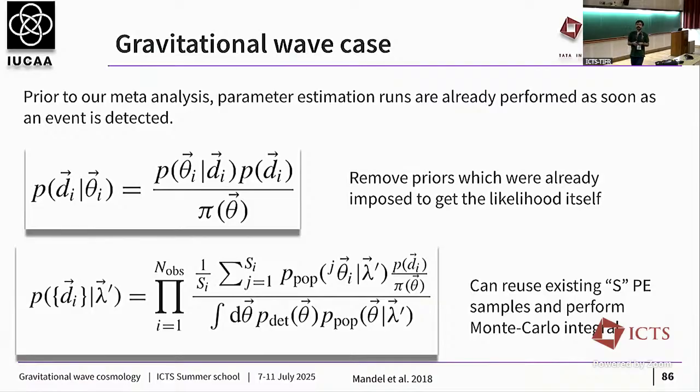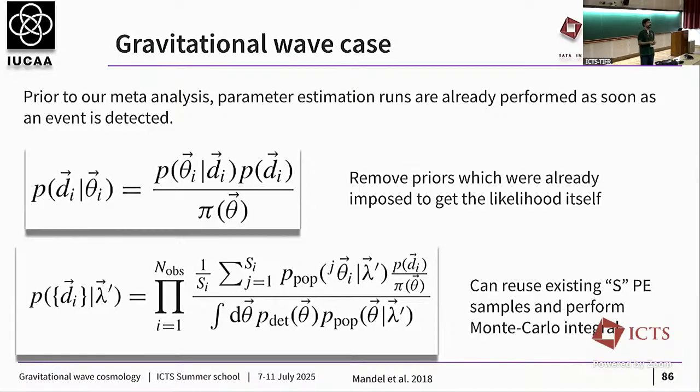The same thing these people will also do. Instead of giving you this, they actually give you samples from the posterior. They would have run some kind of Markov chain Monte Carlo, and instead of giving you the direct posterior, they give you samples from the posterior. And if you have samples from the posterior, then you can work out all of these quantities: the mean, and any other functions of the parameters.